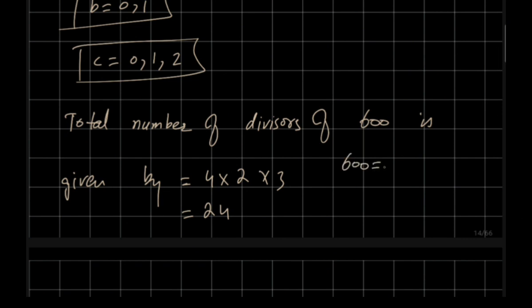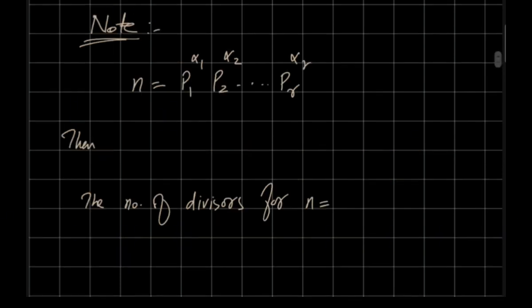In the previous example, 600 was the product of 2 to the 3, 3 to the 1, 5 to the 2. You can see 3 plus 1 is 4, 1 plus 1 is 2, 2 plus 1 is 3. So we have only multiplied the powers of primes increased by 1. So we have taken the product of powers of primes increased by 1.